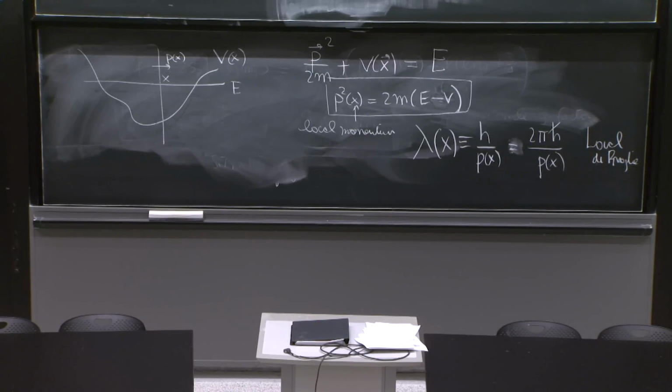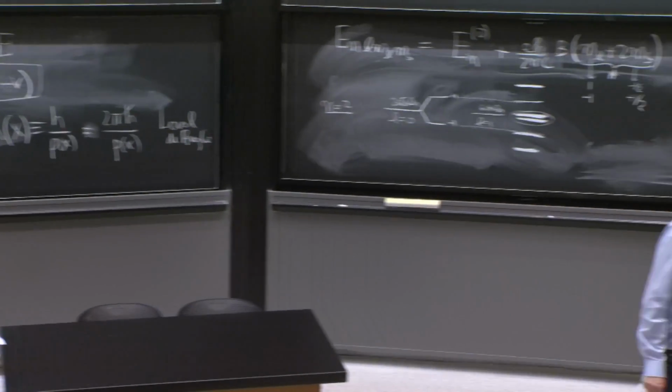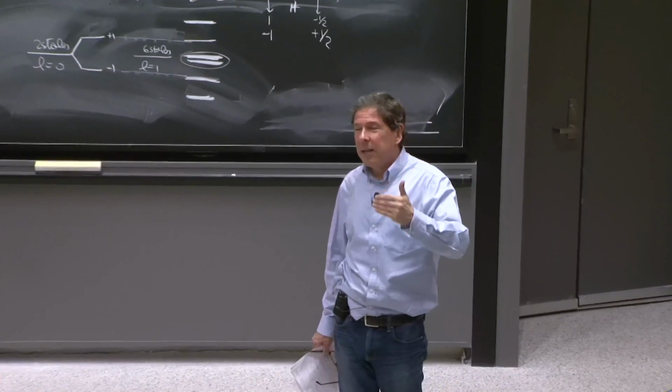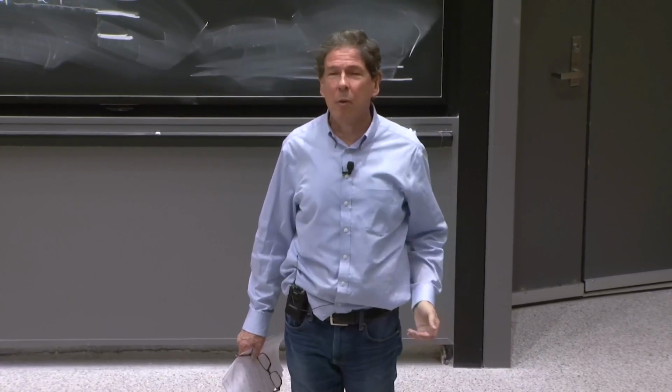You see that the de Broglie wavelength, when you first studied it in 8.04, was considered for a free particle. Always the statement was, you have a free particle with some momentum, it has a de Broglie wavelength. Why was the de Broglie wavelength important? Because when you write the wave function, it's a wave with wavelength equal to the de Broglie wavelength.